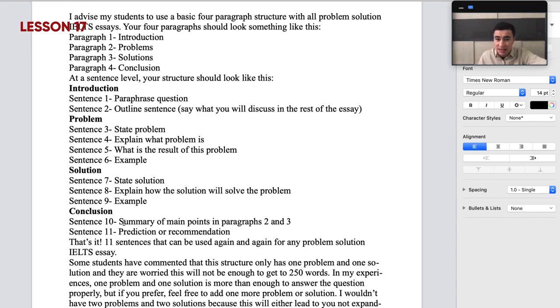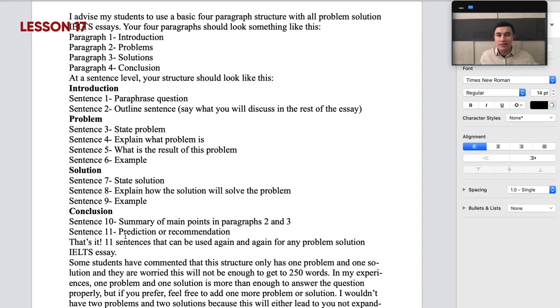And in the next sentence, you can use prediction or recommendation. So you can predict that if this happens, then this will not happen anymore. Okay? Or a certain recommendation. And technically, that's it. 11 sentences that can be used again and again for any problem solution IELTS essay.